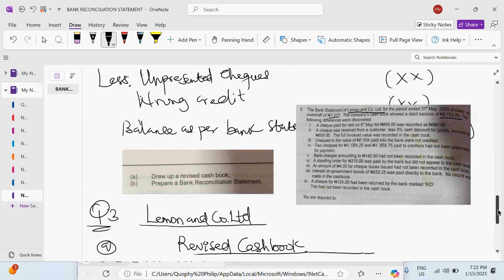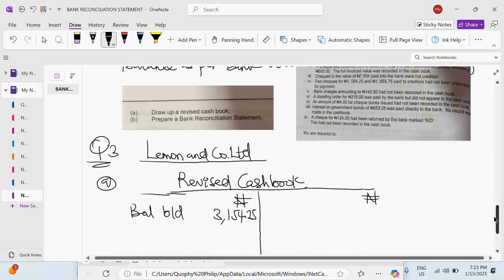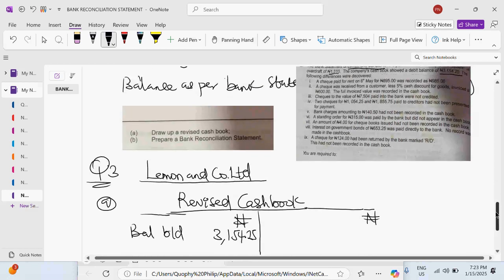If it is showing an overdraft, then the cash book must also show an overdraft of the same amount. But now the statement is 1,310 and this one is 315.25. So that is the disagreement, and we have to do the reconciliation by doing the adjustments, the corrections.